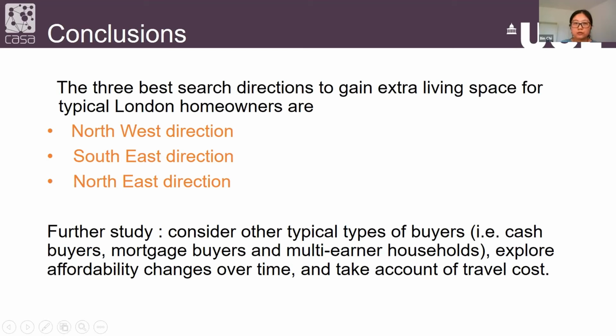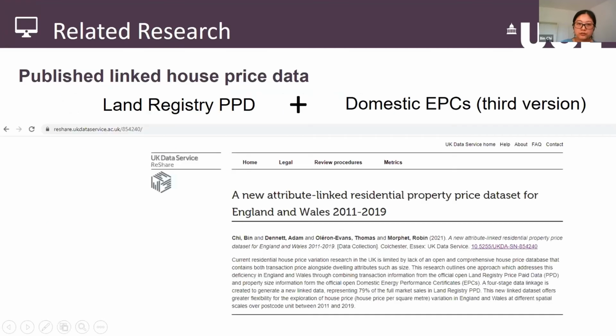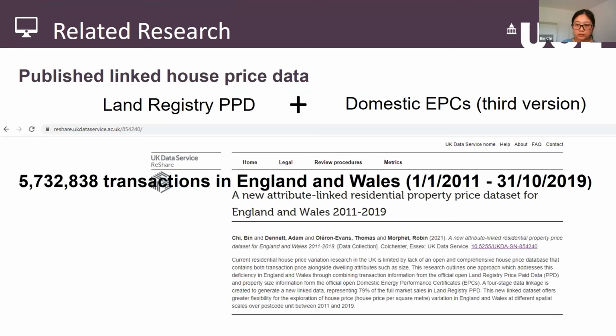There is some related research about this. If you are interested in the house price per square meter dataset, we published a version in 2009, and you can download it now from the UK Data Service. It covers over 5 million transaction records. What's more, we are planning to publish the latest linked data annually in the GLA London database.